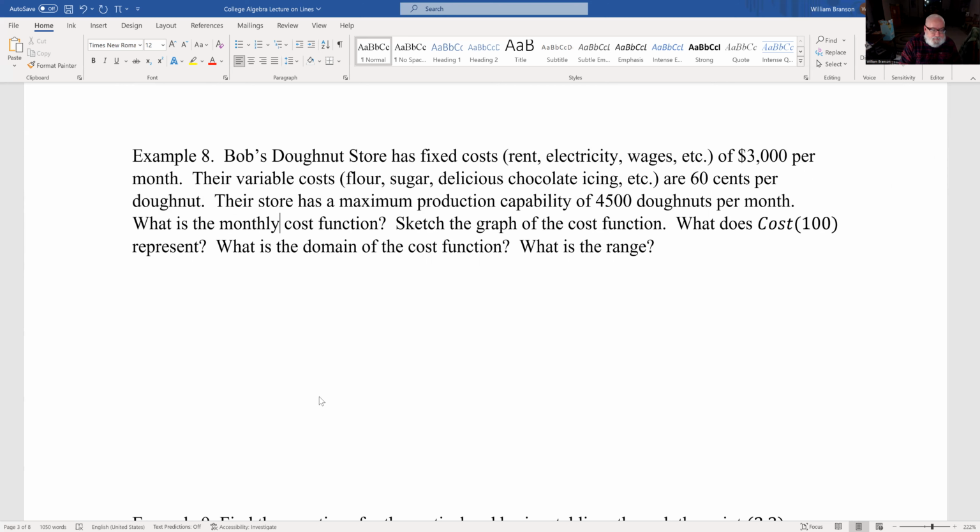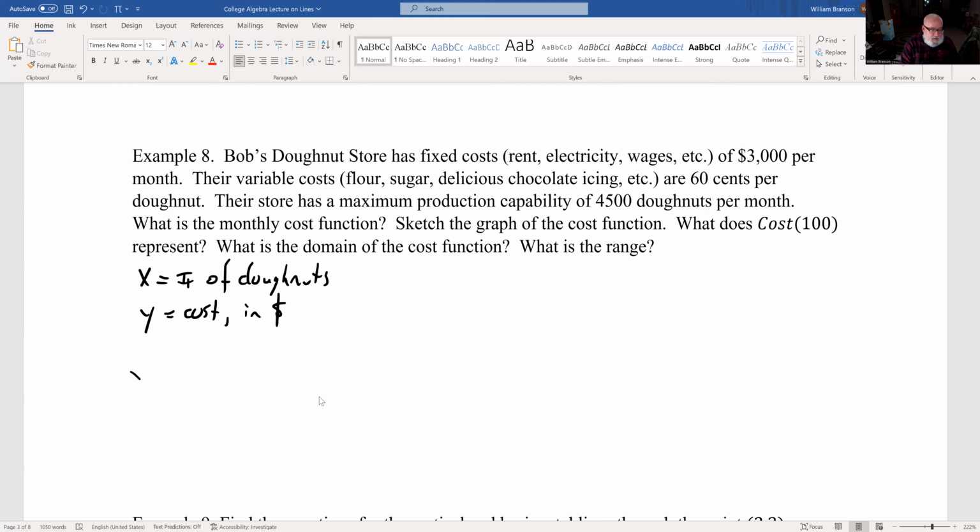So the costs depend on how many donuts they make. So y is the cost in dollars, x is the number of donuts, right? So cost depends on donuts. Donuts would be the domain, y would be the cost.